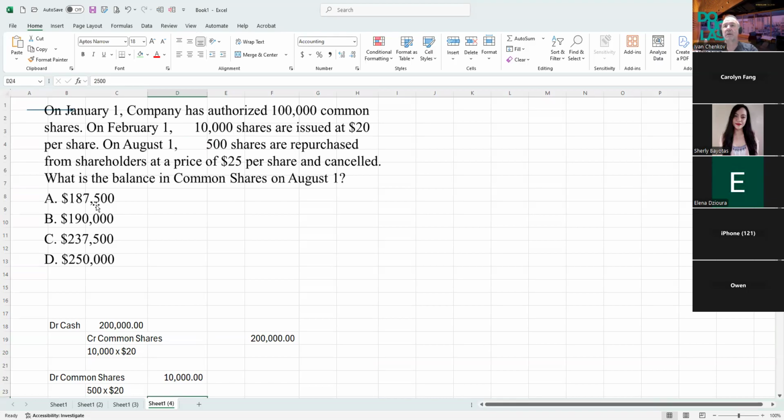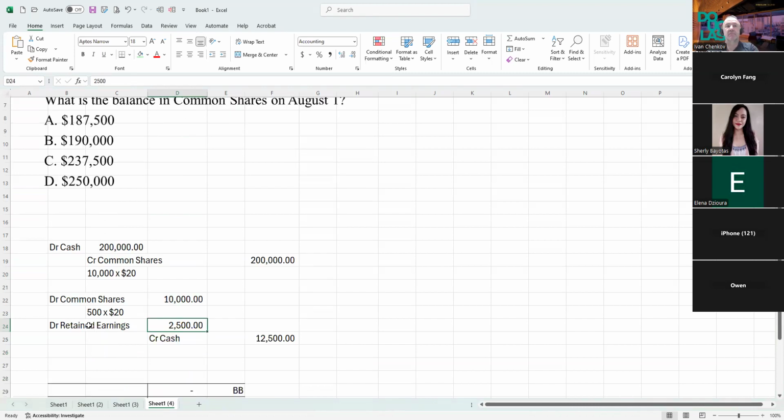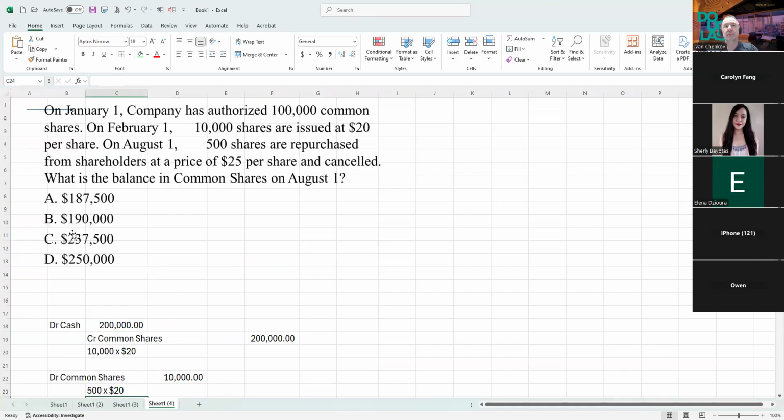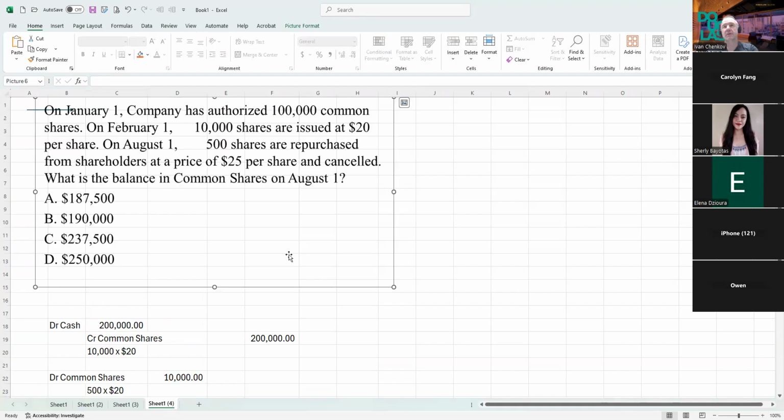That will be the amount of the total equity, 187,500. But again, we don't have enough information because we don't know where the retained earnings is. So you can see how many different conclusions we can make here. But the answer is $190,000. So let's keep going with the slides. Make sense?